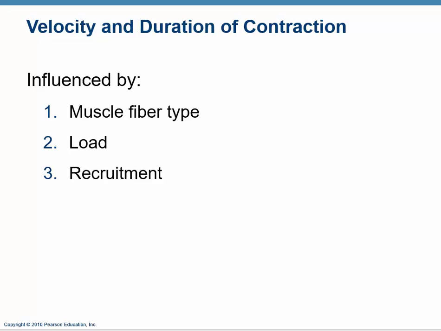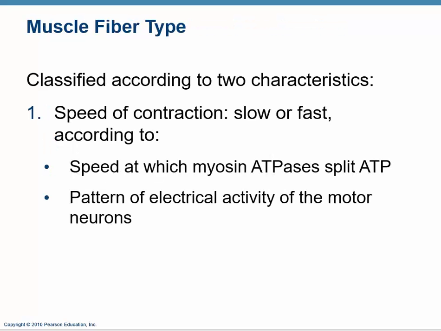So, not all muscle fibers react the same. A lot of it depends on the type of fiber it is, the amount of load, and how much recruitment there's going on. So we'll start out by talking about fiber type. Now, fiber type, there's two ways to do it.